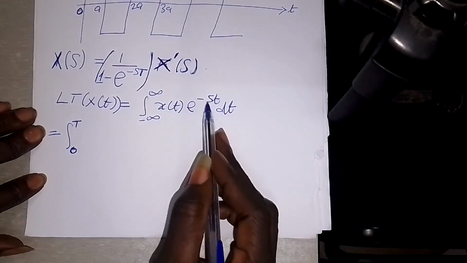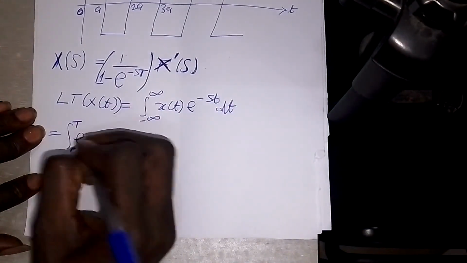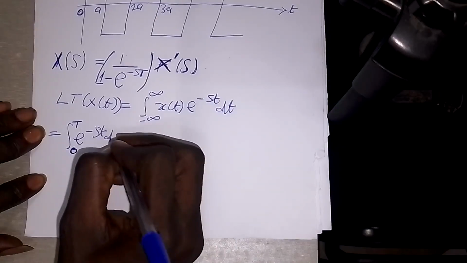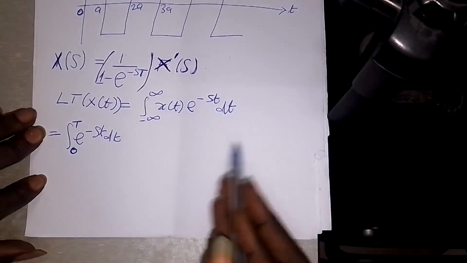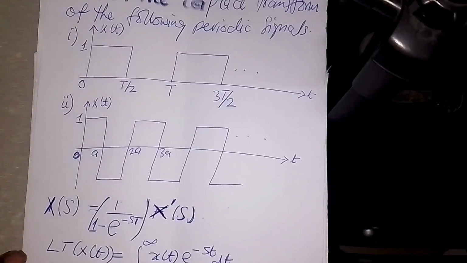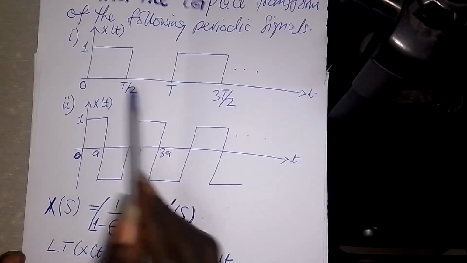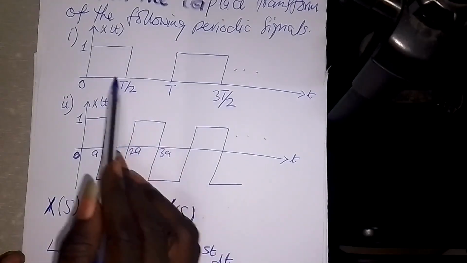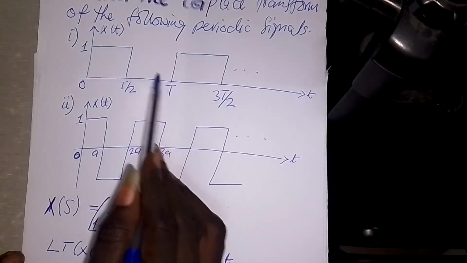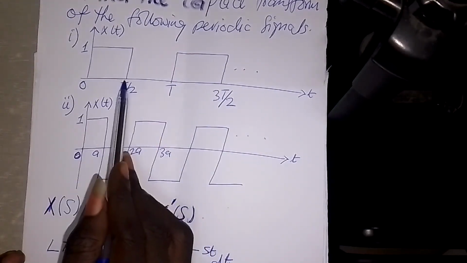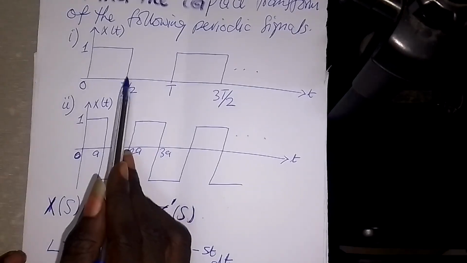So 1 times this one will be e to the minus st dt. But where is my signal actually occurring? Even though it's 0 to T here, my signal is from 0 to T on 2. I don't have any signal in the rest. So this is what I'm going to use.